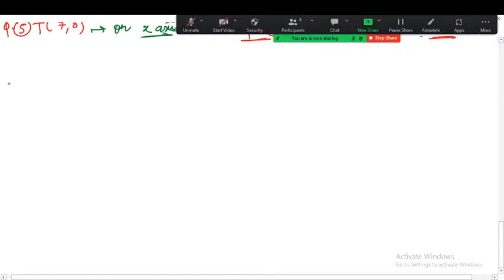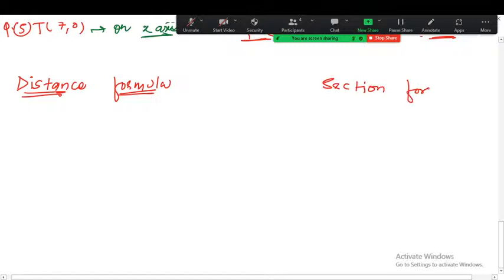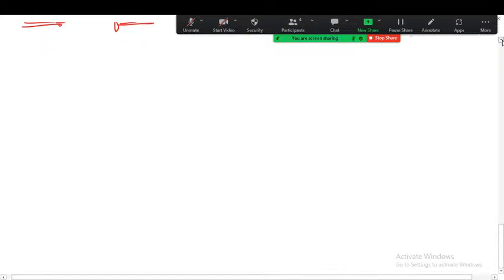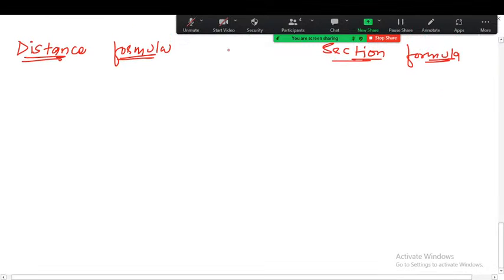The first is the distance formula, which helps us to figure out the distance between any 2 points lying on the plane, and the other is the section formula, which helps us to figure out the sectional point and its coordinates if a line is intersected or cut by another point or another line. I will be telling you these two things now.